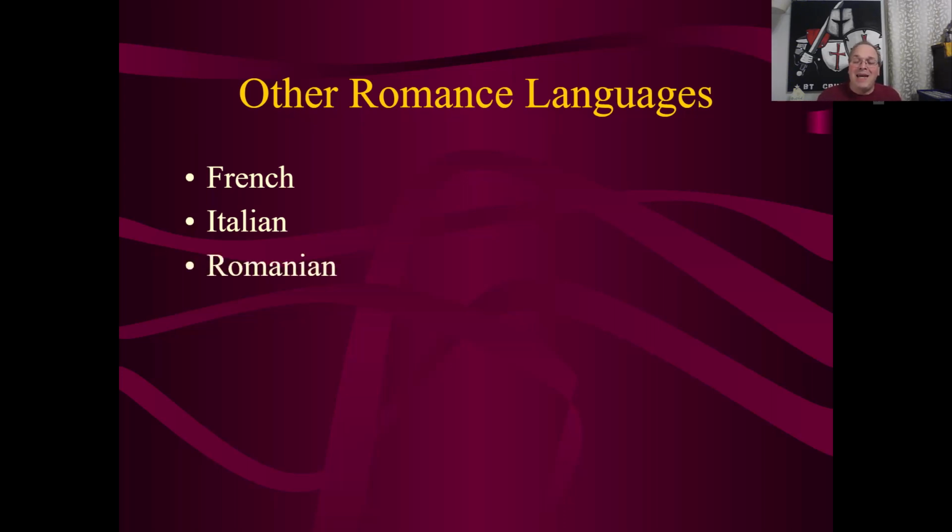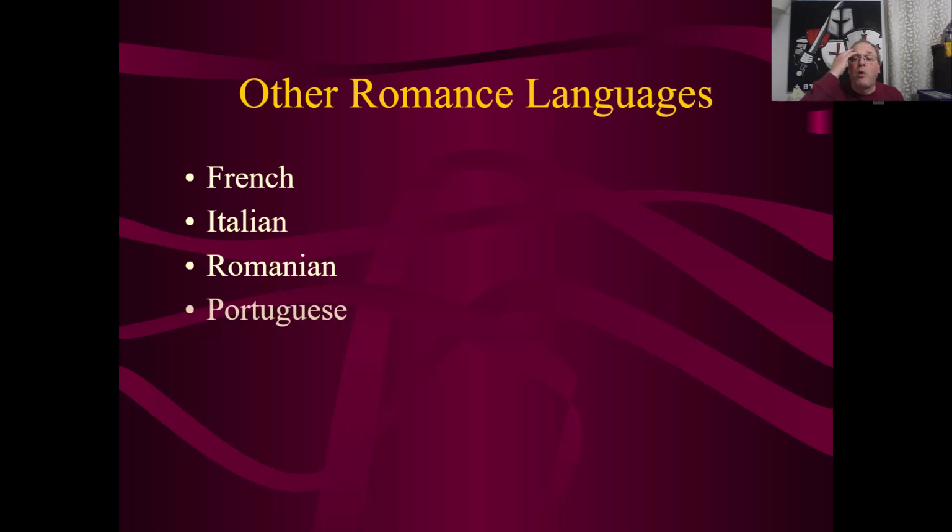Then there's Romanian. Notice the word Roman being part of the word Romanian. Romanian in Romania. Now notice, I did not say Roman. Don't get that confused. I said Romanian, which is the language of Romania. The Romanian language is the closest to the original Latin of all of the Romance languages.